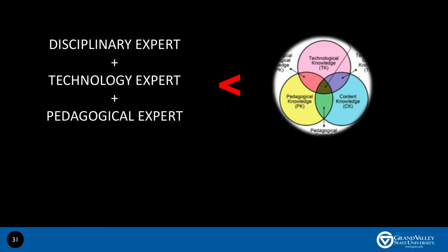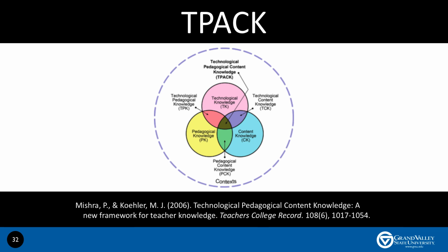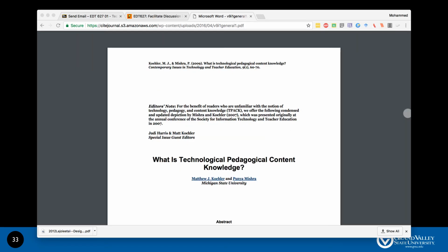So in this case, the sum is greater than its parts. In other words, the TPAC is an emergent form of knowledge that goes beyond all three core components: content, pedagogy, and technology.